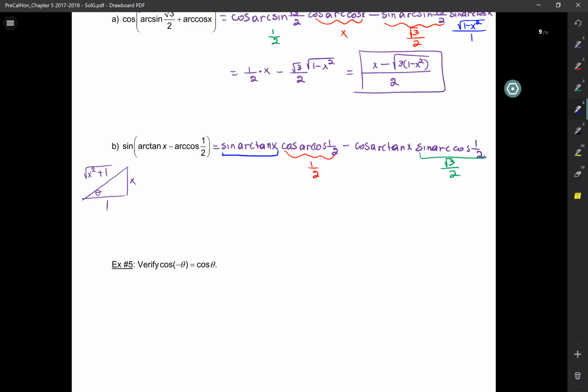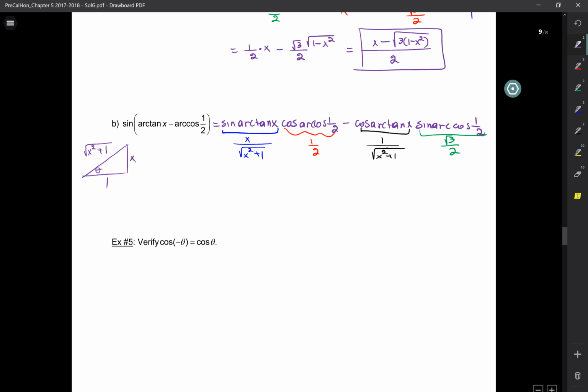Okay. So this one here, we want the sine. It's x over the square root of x squared plus 1. And then I want the cosine, and that's just 1 over the square root of x squared plus 1. So let's put it all together.